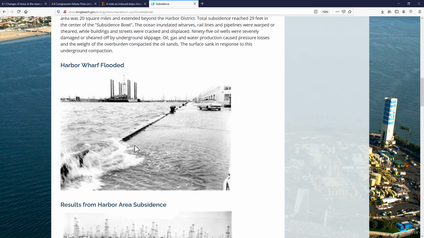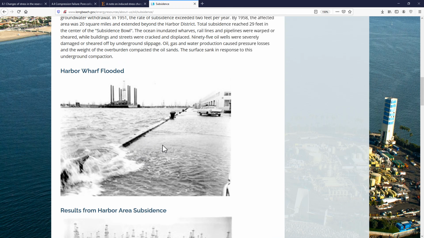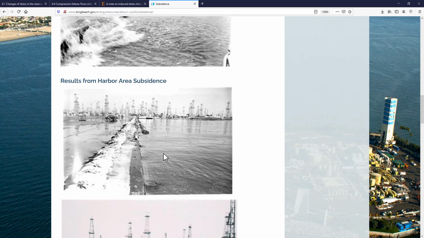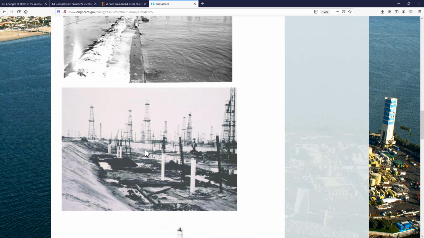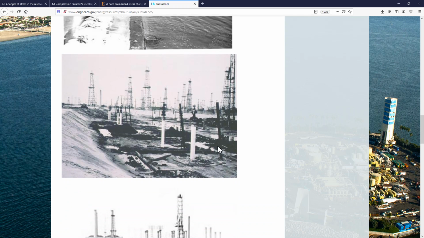You can see that whenever the surface started to sink, they started to have problems of water getting into the roads, and they got very severe after some time. And here you can see how in some places the surface went down so much that the wellheads were basically just left alone on the surface.